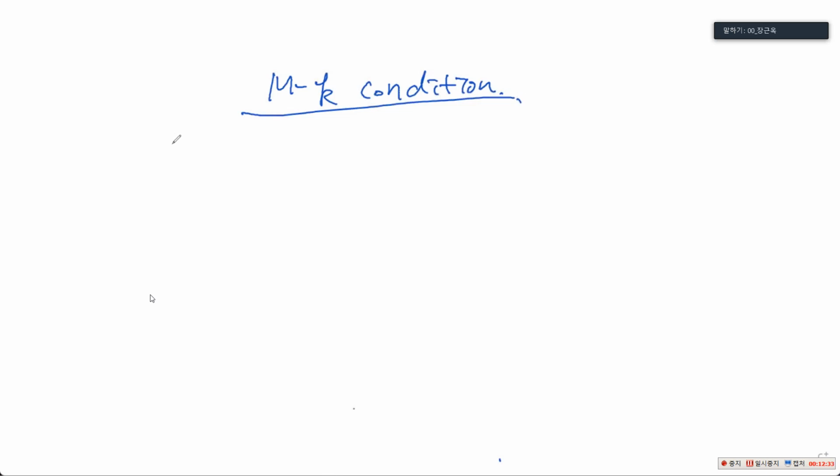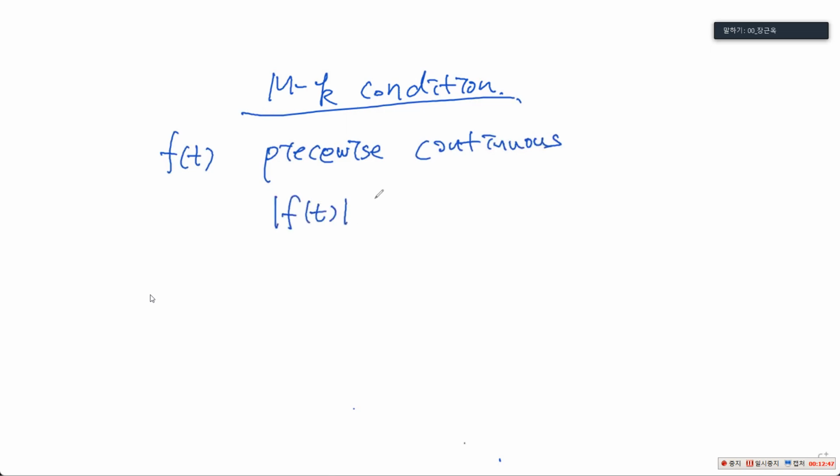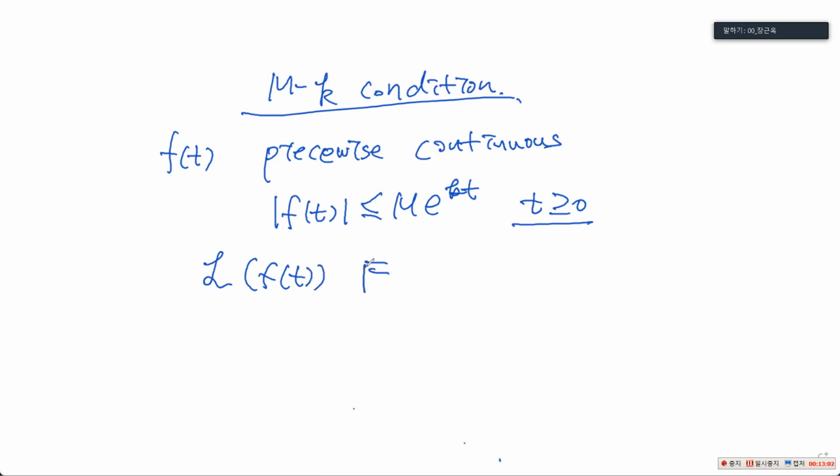Then, if f(t) is piecewise continuous, and the absolute value of f(t) is smaller than or equal to M e to the kt when t is 0 or positive, then the Laplace transformation of f(t) exists for all s with real part of s bigger than k. If this is true, then we can say that the solution exists.